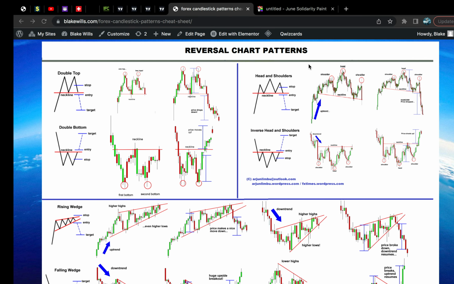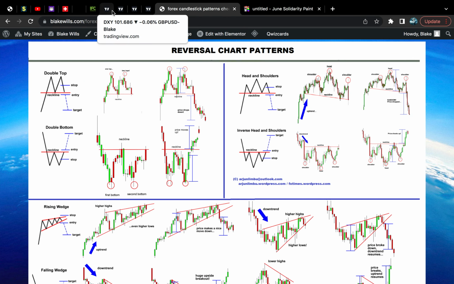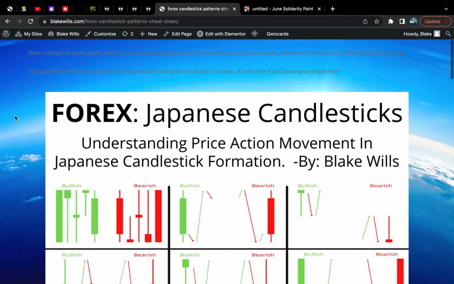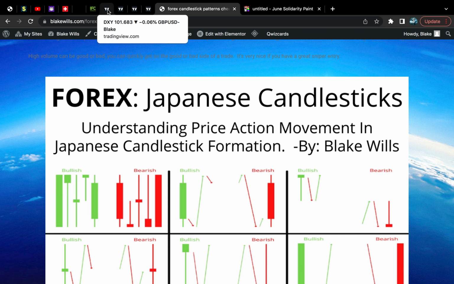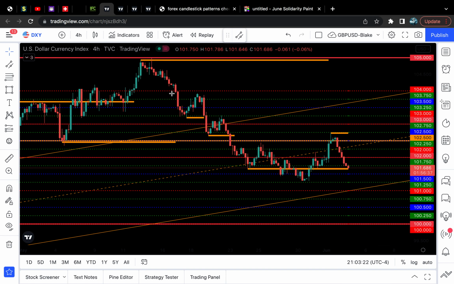We have to keep in mind what's going on on the DXY.